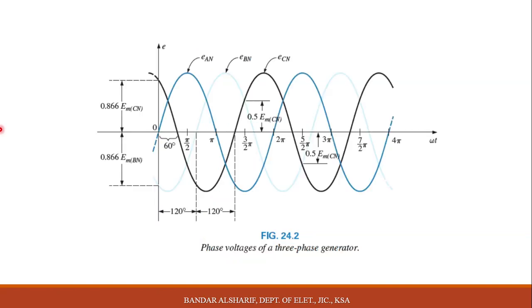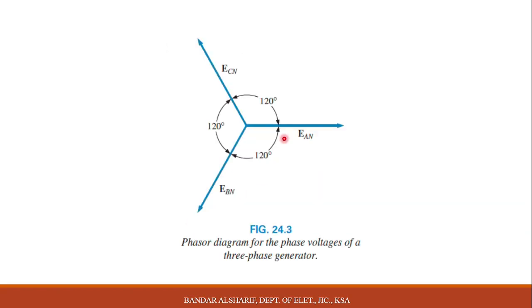For example, if our sinusoidal waveform starts from 20, not from 0, this means EBN will start from 140, not 120, and ECN will start from 260. Similarly, when we draw this, for example, EAN starts from 20 degrees, ECN will be here at 140, and EBN will be at 260.